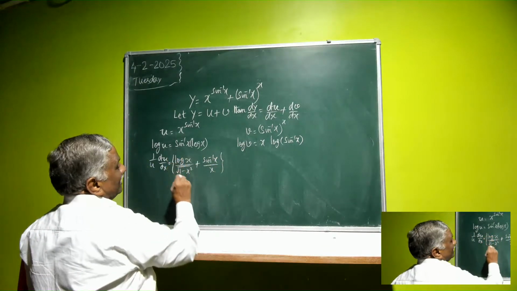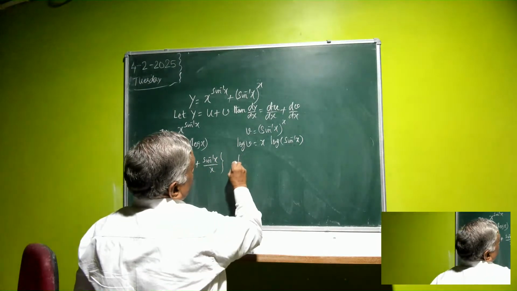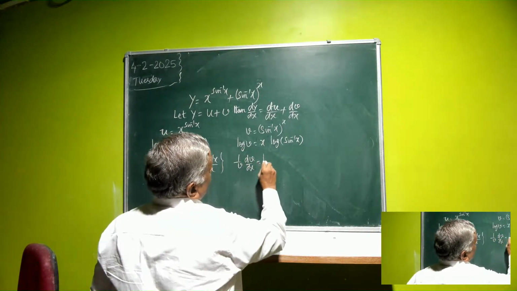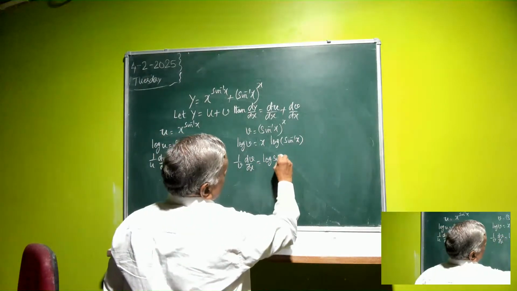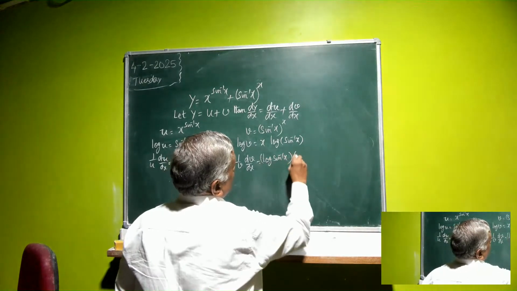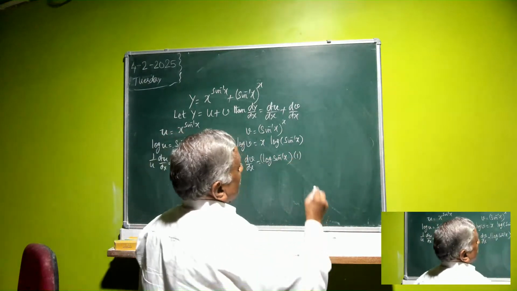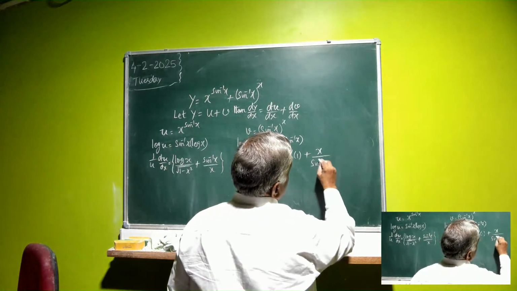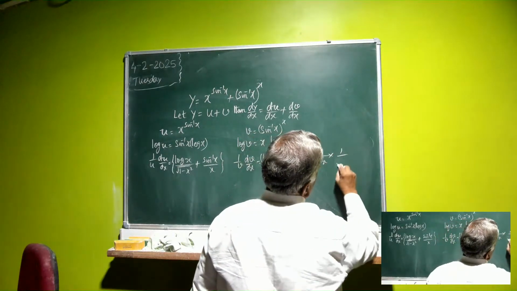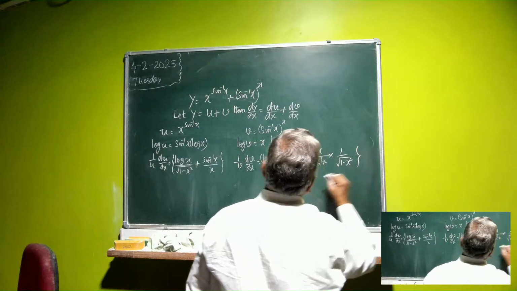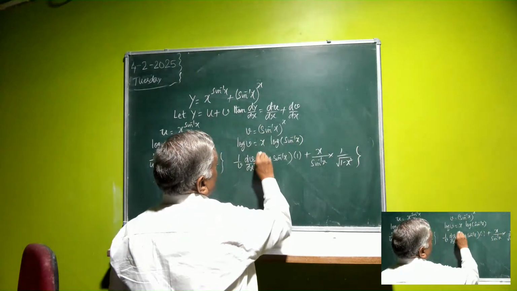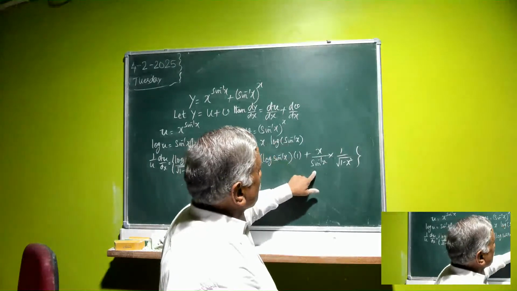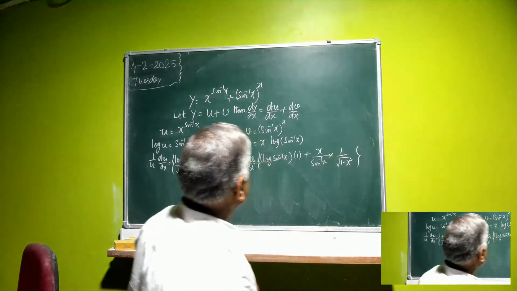This is du by dx. 1 over v dv by dx: keep log sin inverse x as it is, differentiate x, you get 1. Keep x as it is, differentiate log sin inverse x. This you should understand. Log is 1 over sin inverse x, and differentiating sin inverse x gives 1 over root of 1 minus x square.